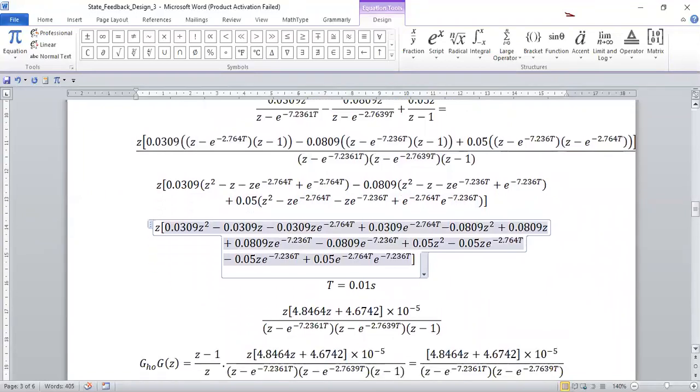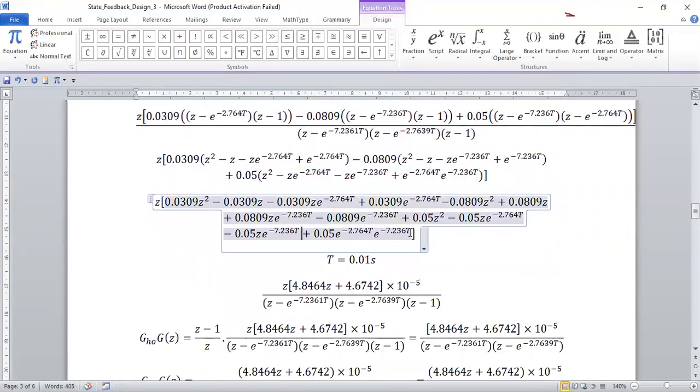Then t is the sampling time, because this equation is actually very complex. So to simplify things, I included the sampling time, which is 0.01 seconds, into the calculation.